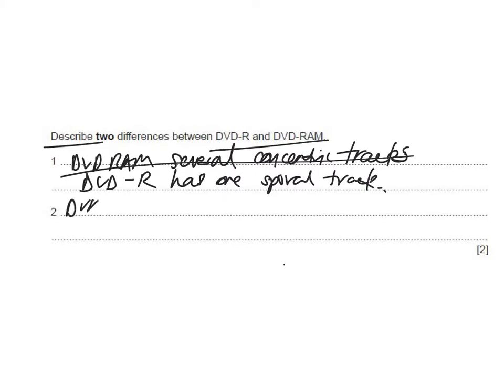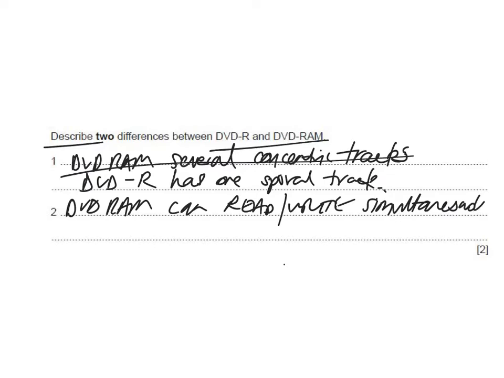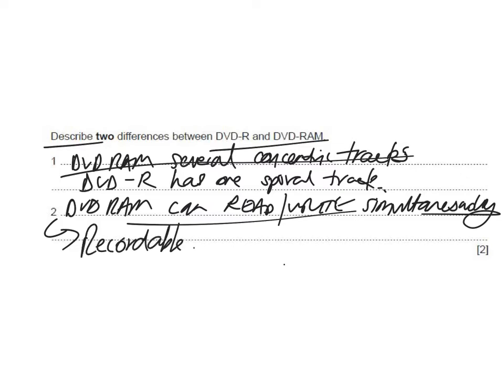DVD-RAM can read and write simultaneously. And again, people stop there. We need the comparison part. So DVD-R, the R stands for recordable. So you can burn on it once and then only read from it.